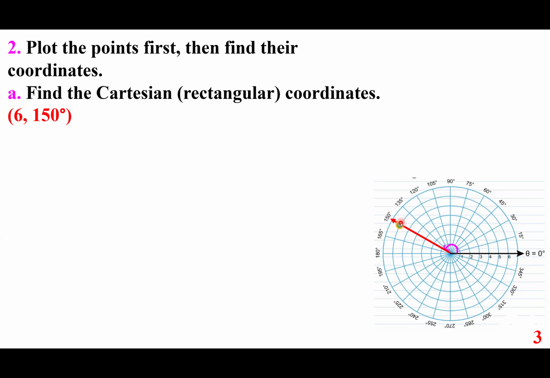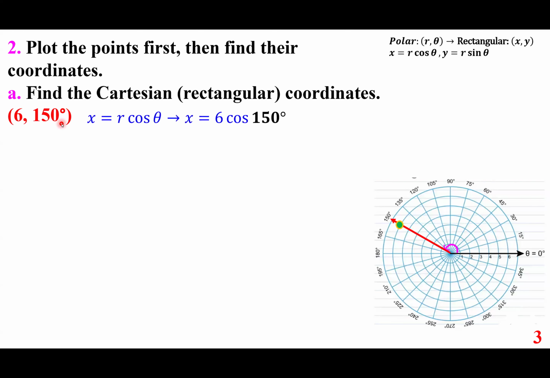Now, polar has coordinates r comma theta, rectangular has coordinates x comma y; x is r cosine theta, y is r sine theta. Let's plug in. We get r cosine theta, or 6 cosine of 150 degrees. 150 degrees means 30 degrees is the reference angle.